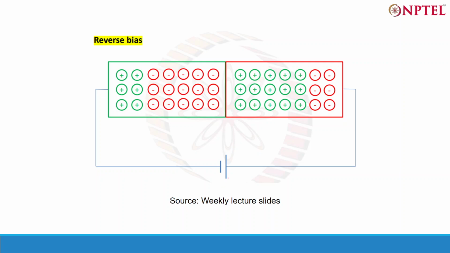Let's see here. So this is P and this is N. P is connected to the negative terminal and N is connected to the positive terminal. What it is doing? It is pulling the holes.